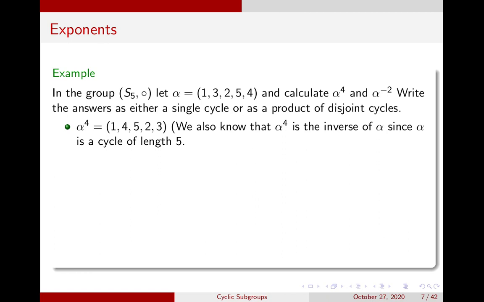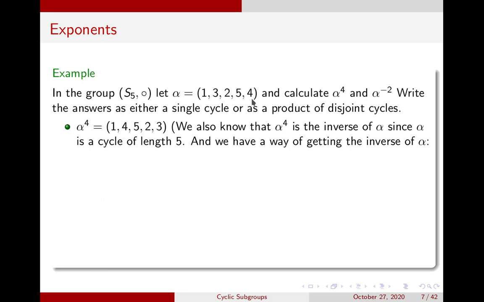We also know that the inverse of a cycle alpha of length 5 is alpha to the fourth. This is something we learned in our previous video on the cycle notation. And we also have a way of getting the inverse of a cycle alpha.